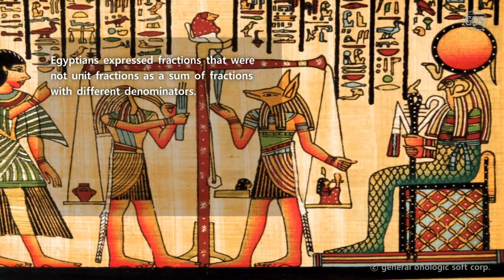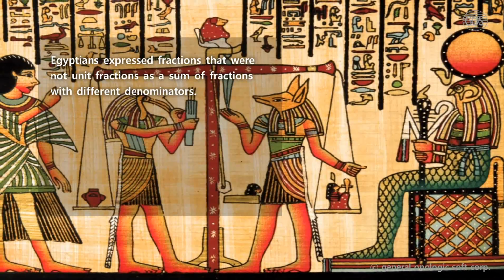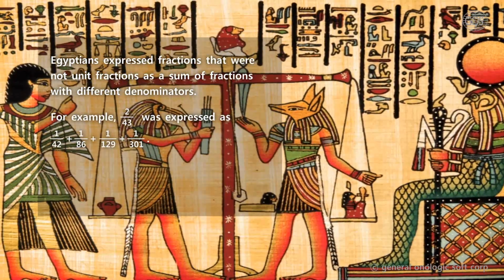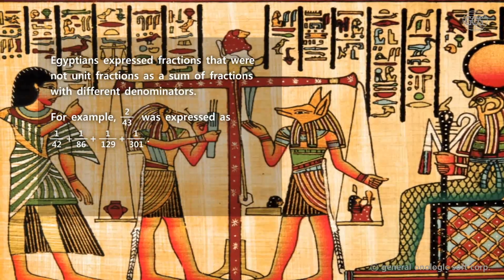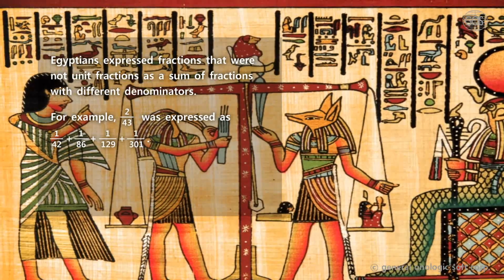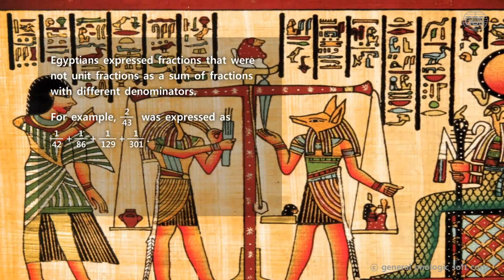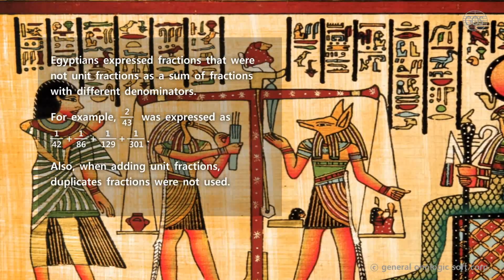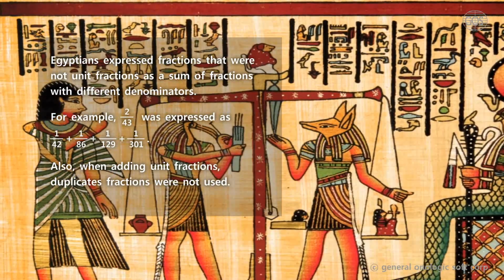Egyptians expressed fractions that were not unit fractions as a sum of fractions with different denominators. For example, 2/43 was expressed as 1/42 plus 1/86 plus 1/129 plus 1/301. Also, when adding unit fractions, duplicate fractions were not used.